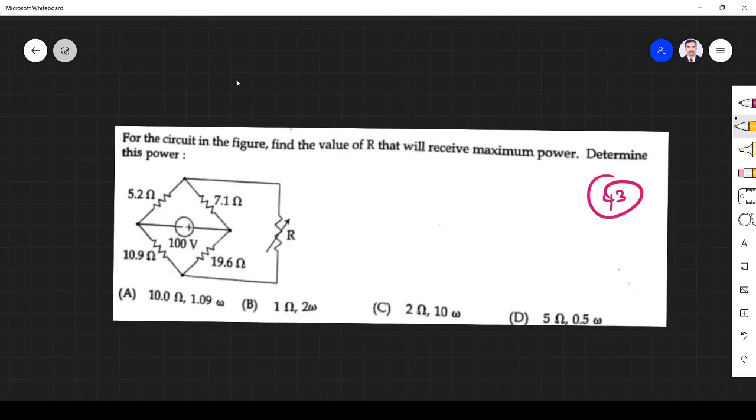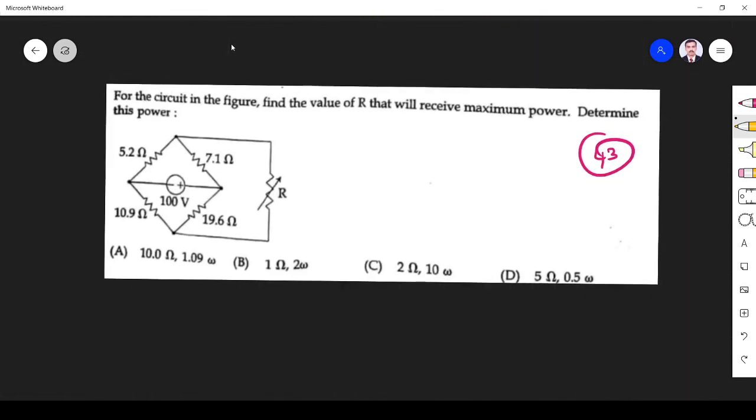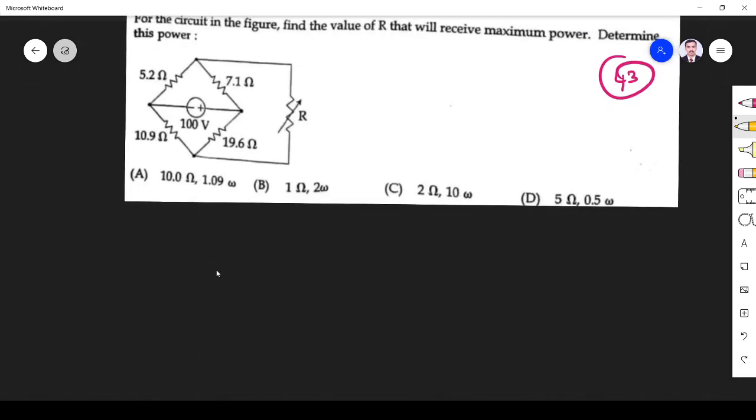Okay. Next one, for the circuit shown in the figure, find the value of R that will receive maximum power. Okay. So if I want to find the maximum power, what is the condition? R Thevenin should be R load. R load resistance must be equal to Thevenin's resistance. So Thevenin resistance, how can I find? I short the voltage source, remove the load.